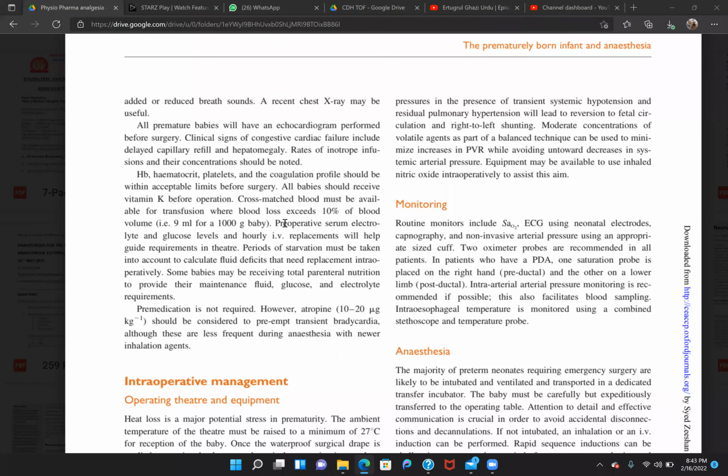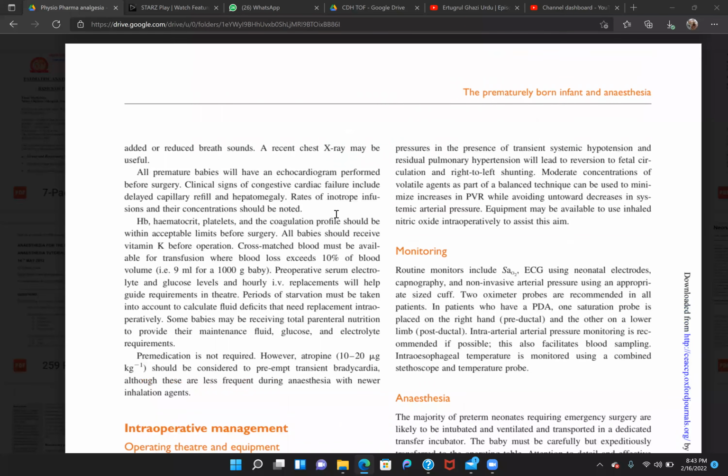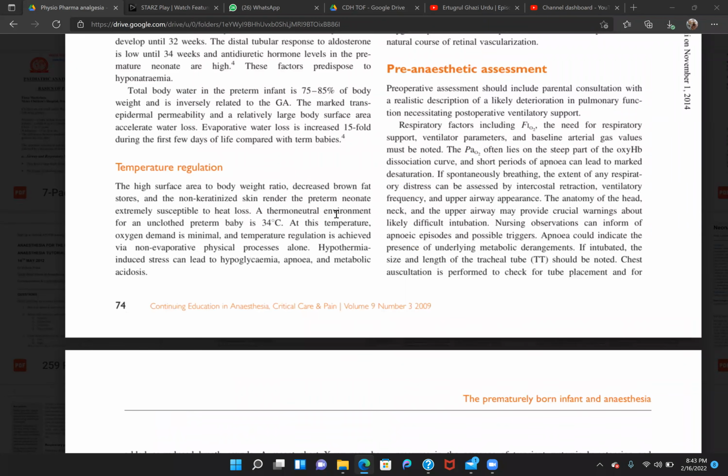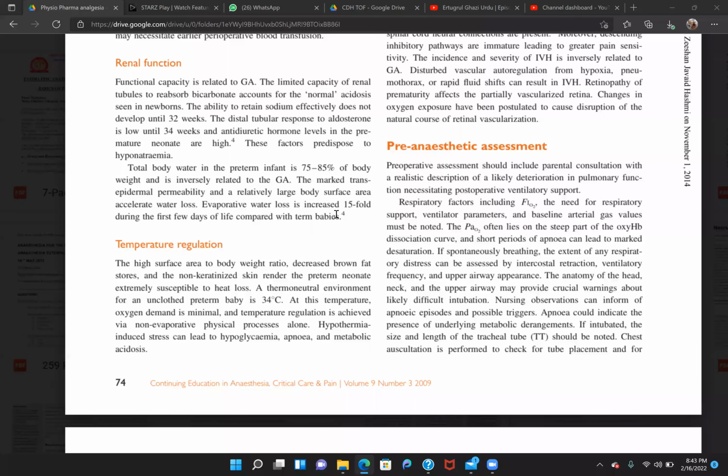Here, in premature babies, you are using 2.5. And this will be variable. These formulas are always to help you, but there are always exceptions. So we have almost done all the major things related to prematurity.